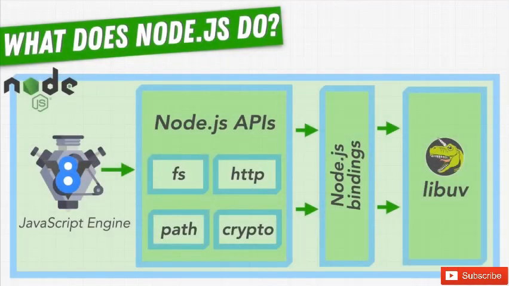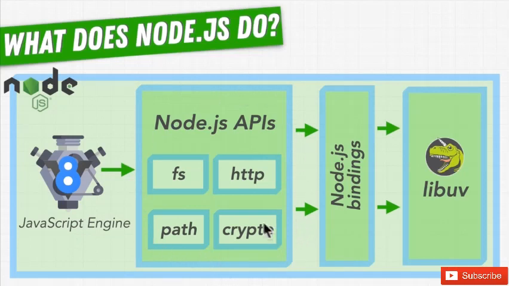Welcome back. We've been talking about how the internals of Node are structured. Now it's time to look at the code behind Node.js. As a quick recap, we saw that our JavaScript code executed in V8 will sometimes make use of these built-in Node.js APIs.